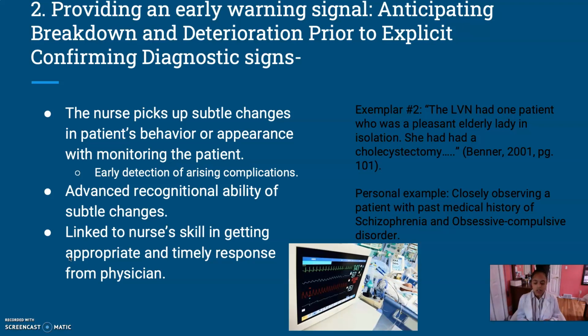She had been monitoring her vital signs, and her systolic blood pressure would drop, I would say, like 2 points every time she took her blood pressure, and she had bruising on her stomach, and the patient was just having a weak complaint that she doesn't feel right. So the nurse knew right away there's something wrong with the patient, and she had to convince the doctor on call to come assess the patient.